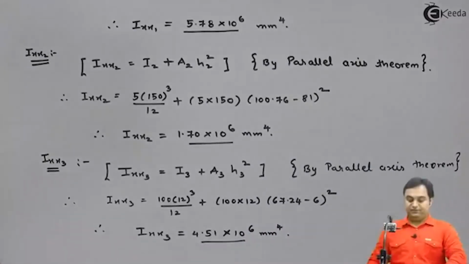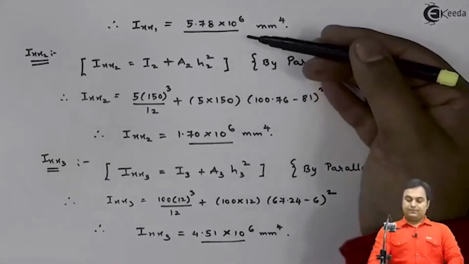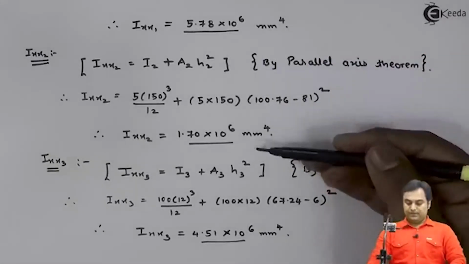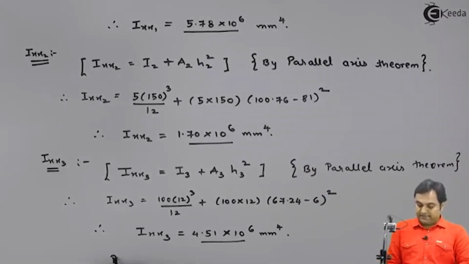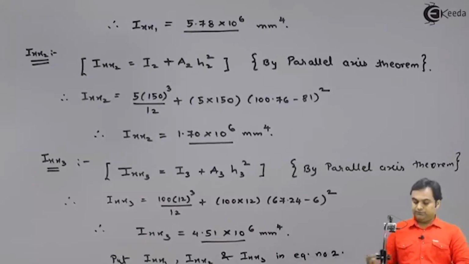So here I have all three values, Ixx1, Ixx2, Ixx3. I will put Ixx1, Ixx2 and Ixx3 in equation number 2.